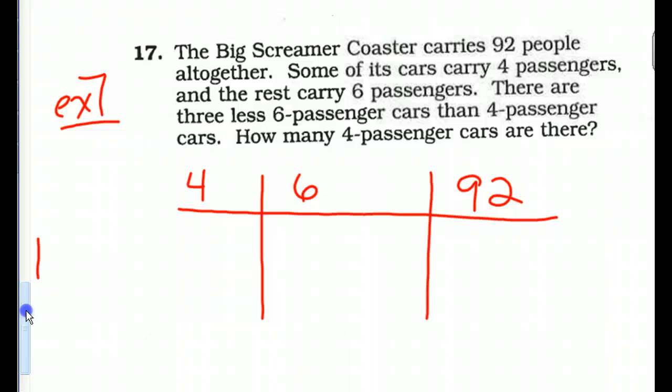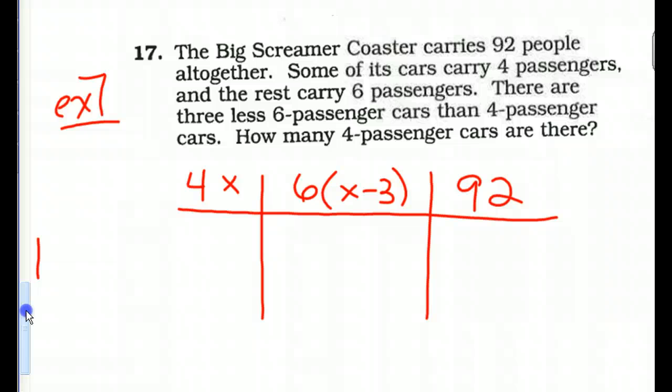So we'll call this X. There are 3 less 6-passenger cars than 4-passenger cars, so that will be X minus 3. So this is 4X, this is 6 times X minus 3, and there's 92 people total.